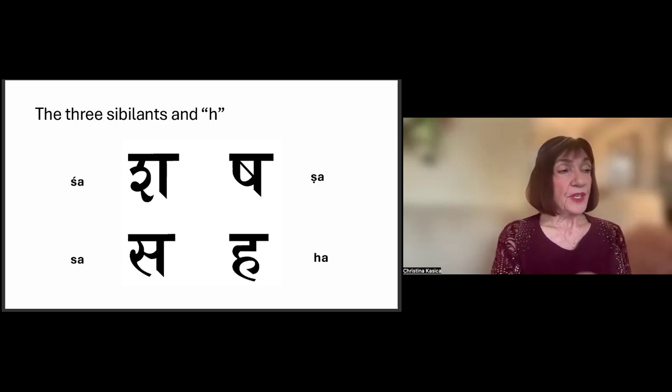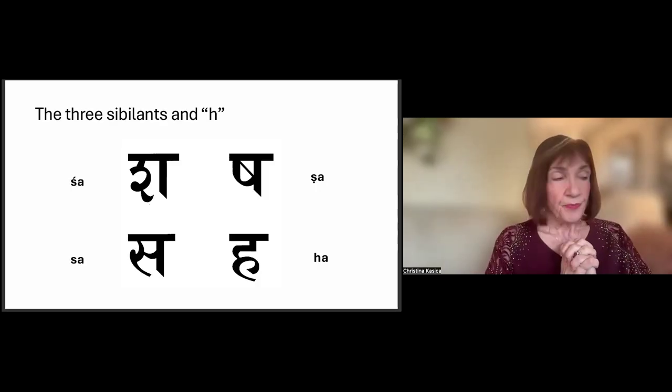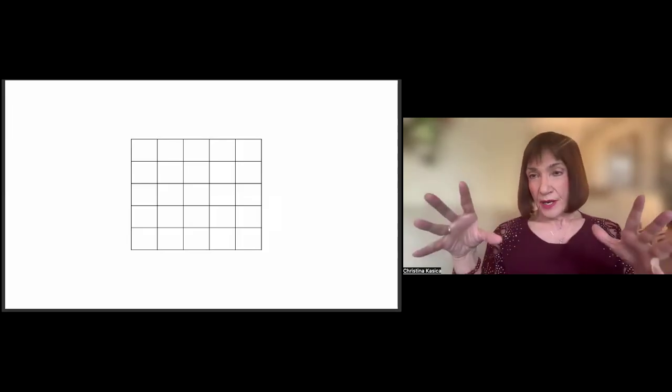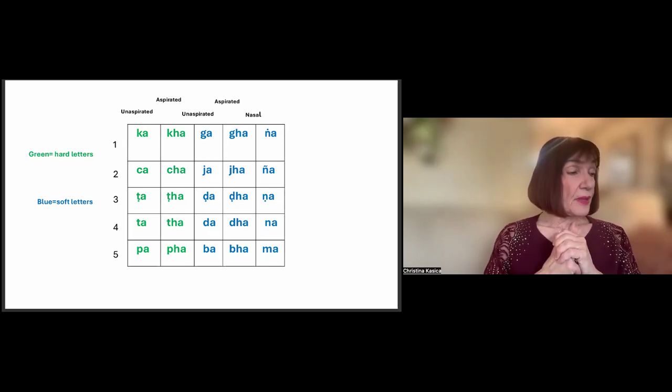All right, so let's see how they stack up against the 25 main consonants. First, let's review that main grid. Next slide, please. This is the main one I use when I'm practicing writing my consonants because it has the 5 vargas and the 5 columns, and it's the main 25. Next slide, here it is with the main 25 filled in. Remember that the rows are the vargas.